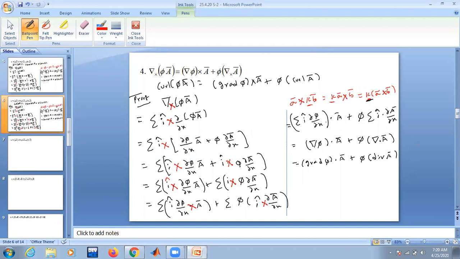And again, cross product is distributive over addition. So cross a bar is common in every term in the first expansion. So I sigma i dou phi by dou x is del phi cross a bar, plus phi into sigma i cross dou a bar by dou x, which is del cross a bar. So what remains is grad phi cross a bar plus phi into curl a bar.